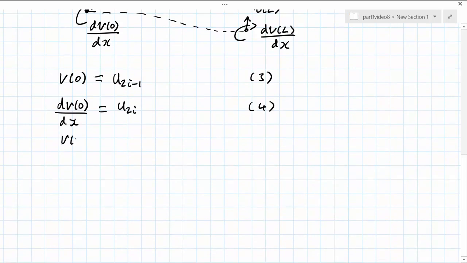The displacement at L must equal u_2j−1. And the rotation at L must equal u_2j.